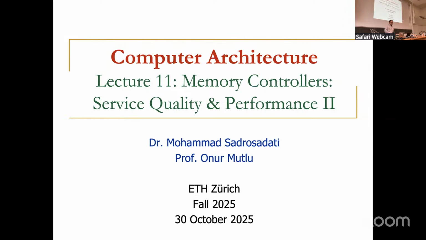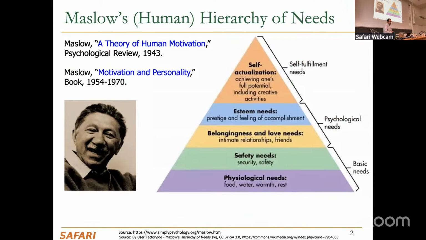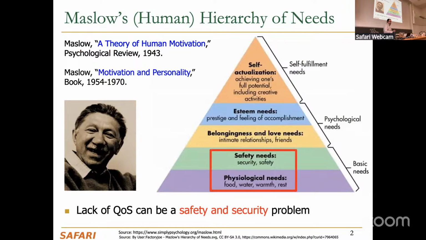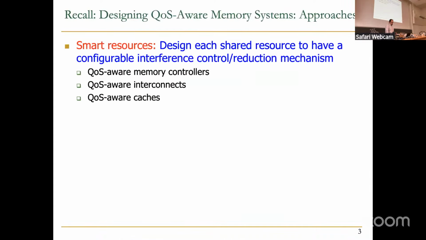Okay, so remember Maslow's hierarchy that we discussed: safety and security, essentially the lack of quality of service, can be categorized at that level, which shows the importance of providing quality of service in our system. And recall that we discussed how to provide QoS-aware memory systems.